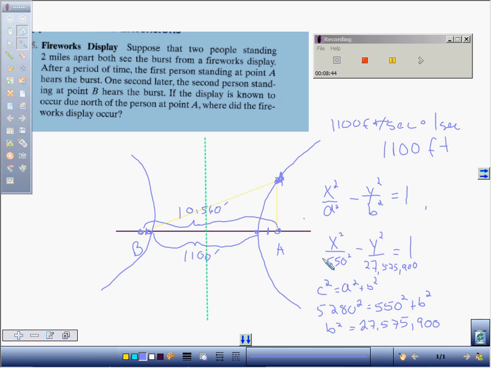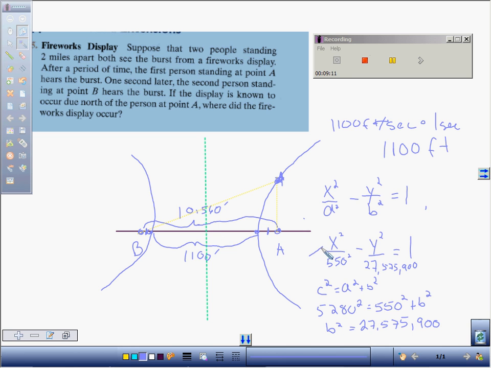Okay? And then what they want to know is, if the display is known to occur due north of person A, where did the fireworks display occur? So in other words, how far from person A did this occur? We already know how far in the x direction this occurred, right? What's this point as far as x goes? 5280.